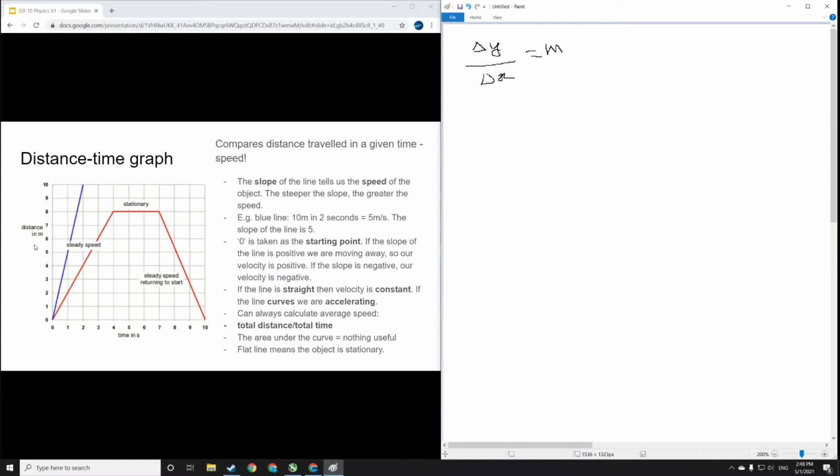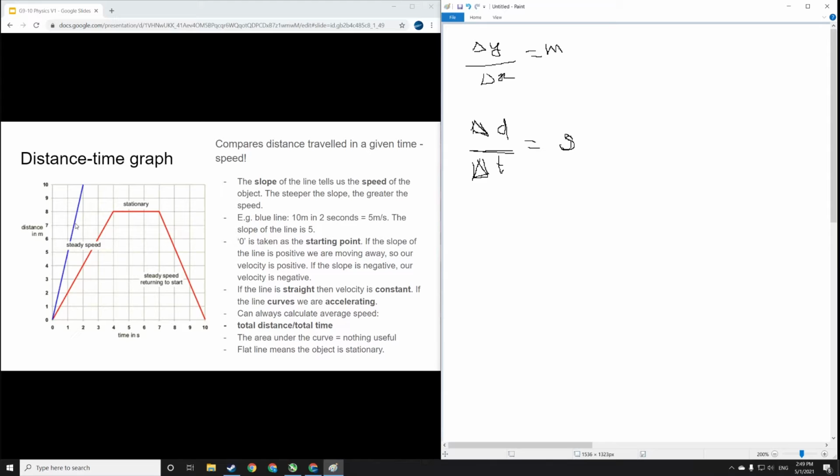Now, if we just plug in the variables, what we find is that it becomes delta d over delta t, where delta means change, which is simply the equation for speed: distance over time.